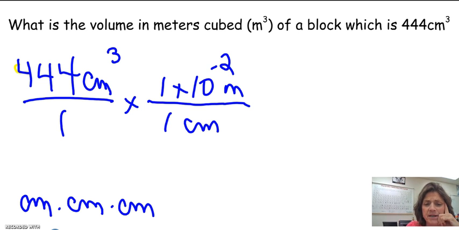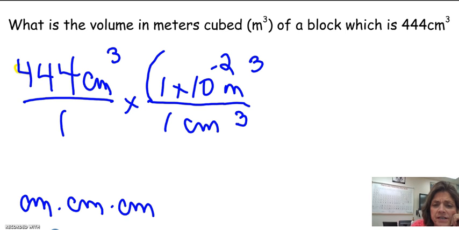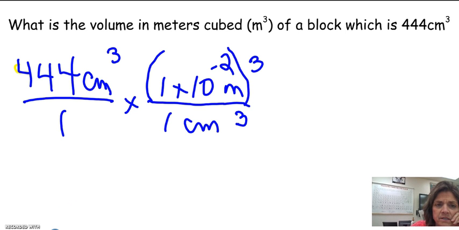Well, it's centimeter and centimeter, but I don't know what to do with this cube, so can I just cancel it out anyway? So can I just put a little cube here and a little cube here? What? So I remember something in math that said if you cube the unit, you also have to cube the number. Is that right? So if we cube the number, can I put parentheses around this? Yeah, sounds good. Now, I'm going to write it out another way down below, just so that we can see what's going on.